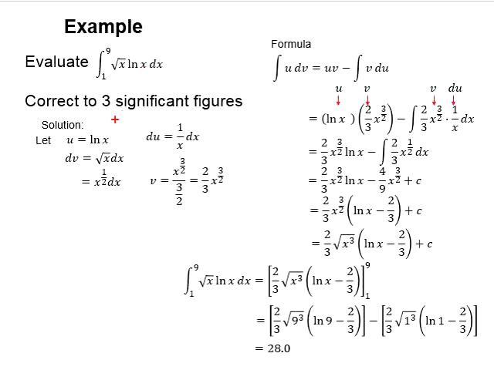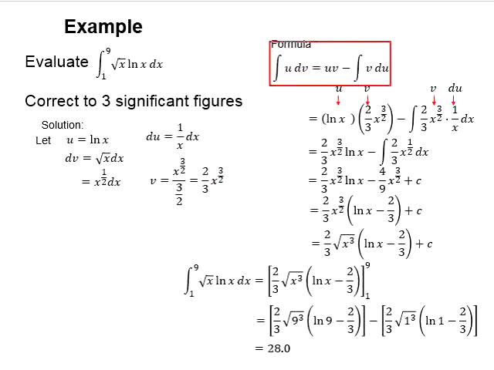With that, you will choose u as ln x. The remaining will be the dv. The dv, square root x dx, can be rewritten as x to the power of 1 per 2 dx. Differentiate ln x, you will get 1 per x. Integrate this, you will get v.